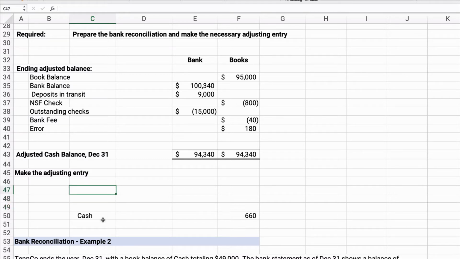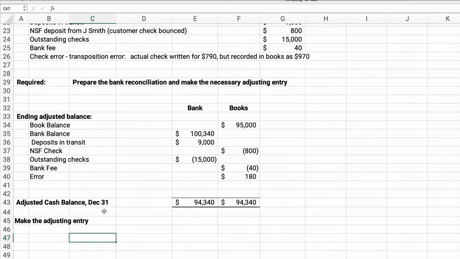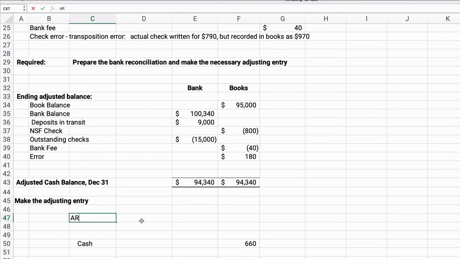It was written by J. Smith. So we're going to set up an accounts receivable for J. Smith in the amount of $800. The $40 fee, we'll call that a miscellaneous expense. So we paid out $840. We've reduced our balance by $840.